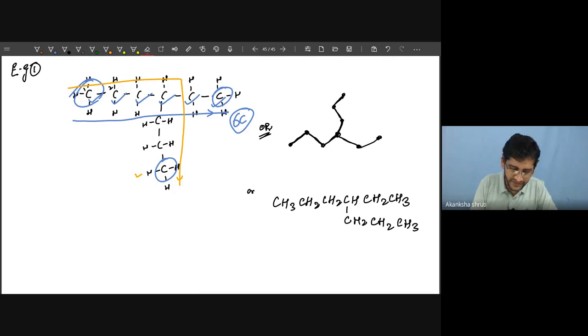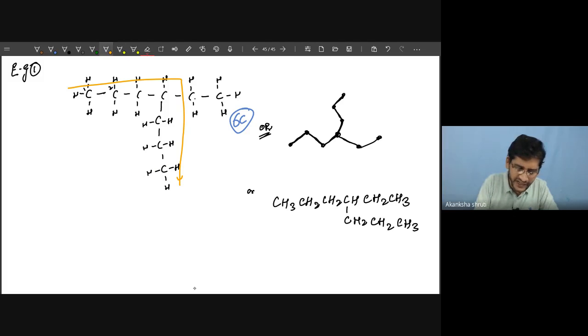Whatever we consider doesn't affect it. That was one kind of counting. If the second kind of counting is like this one, then count: 1, 2, 3, 4, 5, 6, 7 carbons.